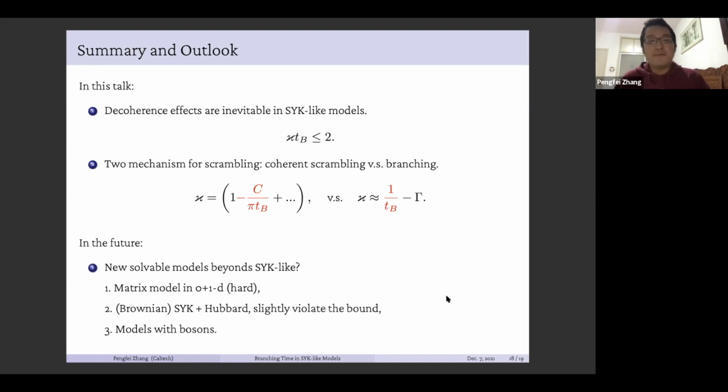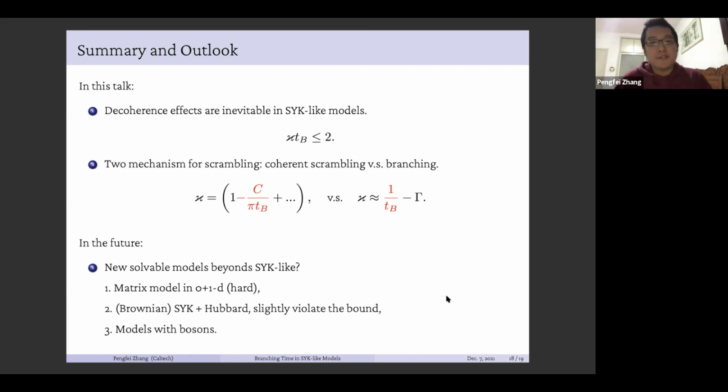We also show that there are two different mechanisms for the information scrambling near the maximal chaotic cases. The information scrambling will be dominated by the coherent scrambling, where the branching will take the minus sign. So in weakly interacting systems, the information scrambling is due to this branching.